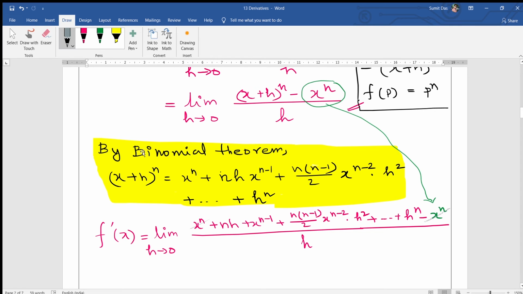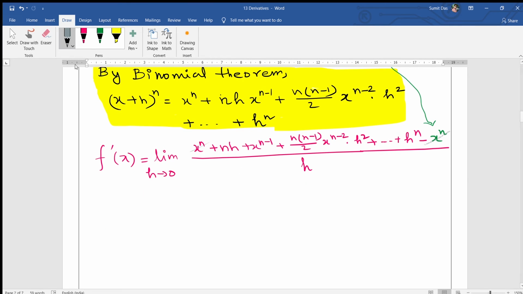So what will remain? This is actually a very important formula. What remains is limit h tends to 0. Look, h is there in every term. Oh, sorry, the second term is n h x to the power n minus 1, there is no plus between them.